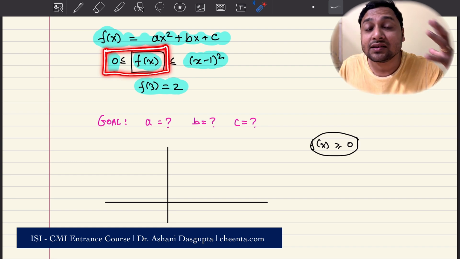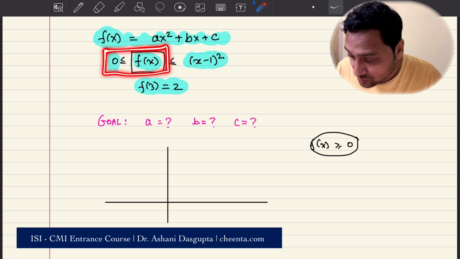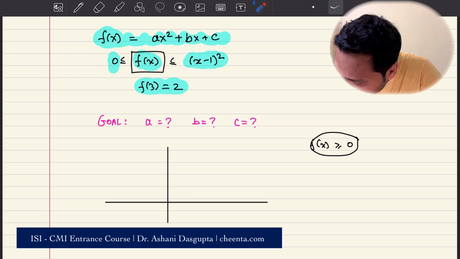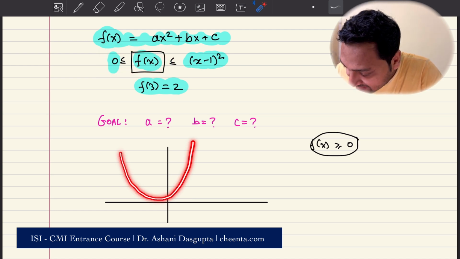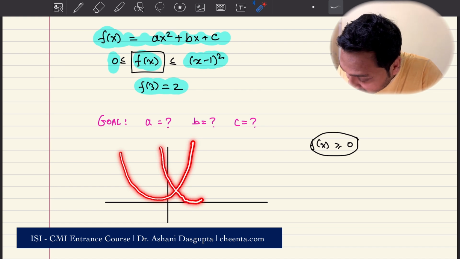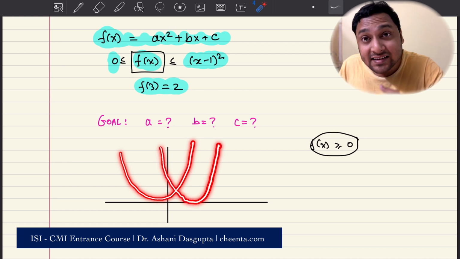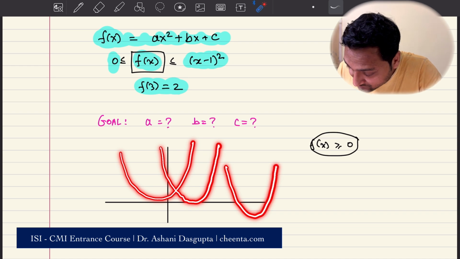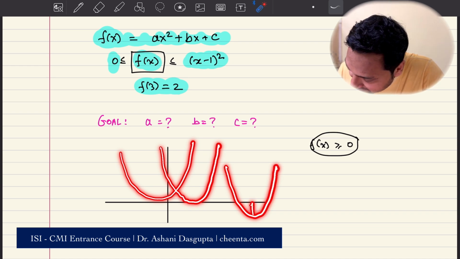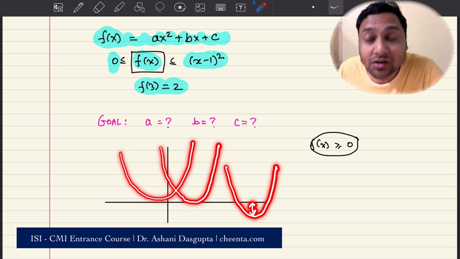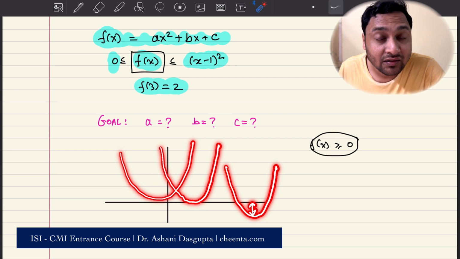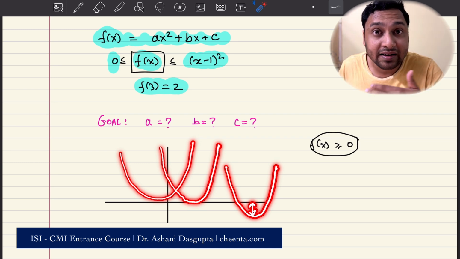The function is always greater than or equal to 0, which means it is above the x-axis, or at best, it's touching the x-axis. It's never below the x-axis, because if it's below the x-axis, then a portion of it will be negative. For some values of x, it will be negative.